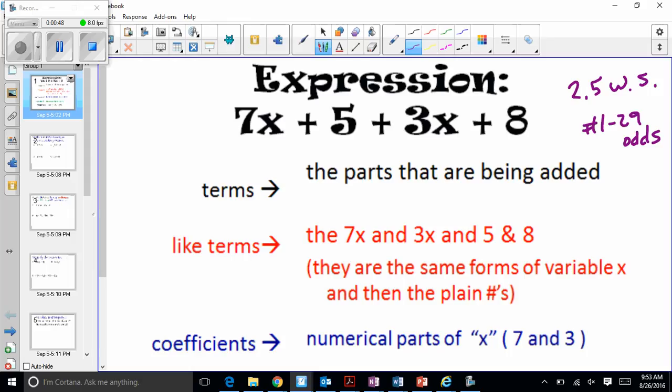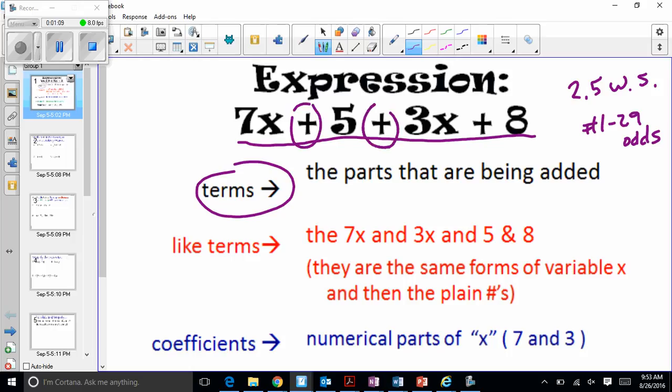So here we go. We're talking about expressions. And this expression that we have here has multiple terms. Now, terms are parts or chunks of the expression, and they're separated by these addition or subtraction signs.